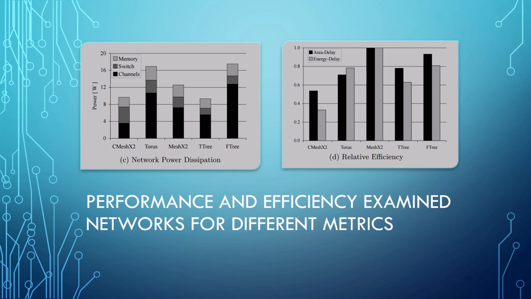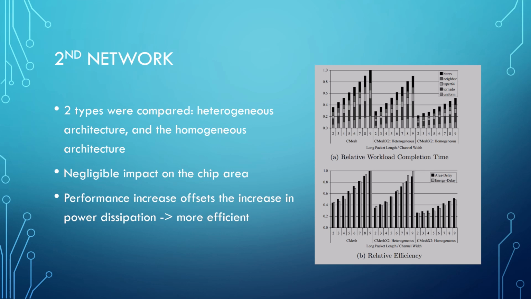Now the paper looks at adding a second network and seeing the effects of that. Before that, we're going to look at the two variants of second networks that are introduced. Two combinations: one is a heterogeneous and one is a homogeneous network combination. In the heterogeneous architecture, one subnetwork transports the shorter packets, and the other one transports longer packets.